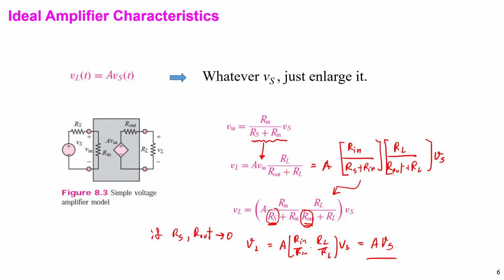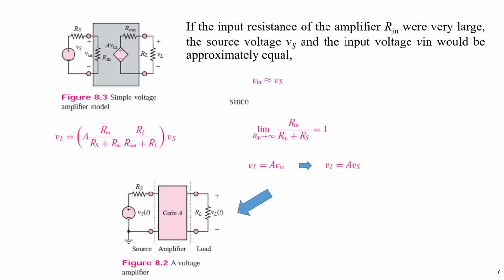Okay. So from this equation, Vin is approximately Vs if Rs is very small, and Rin is a very large value compared to Rs. So usually Rin is a very large value compared to Rs, right?